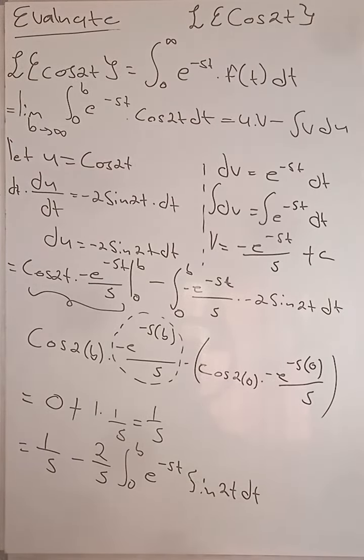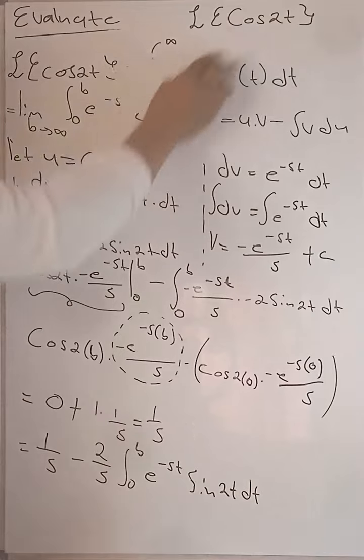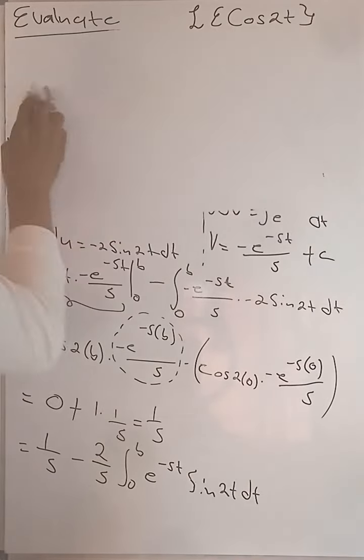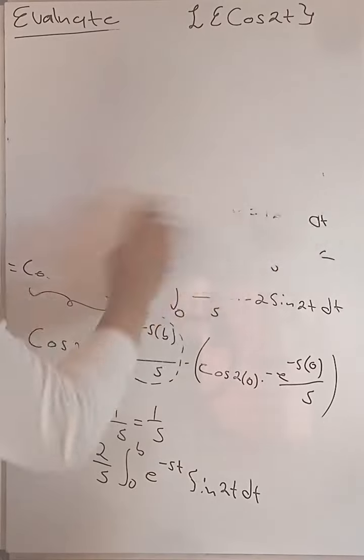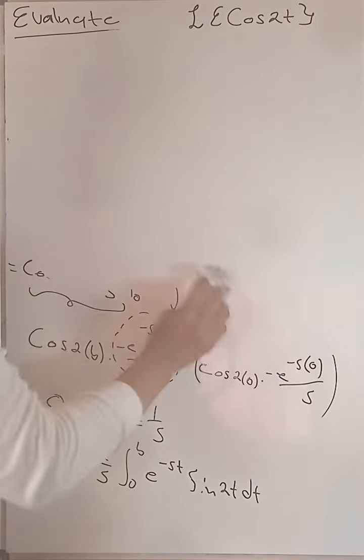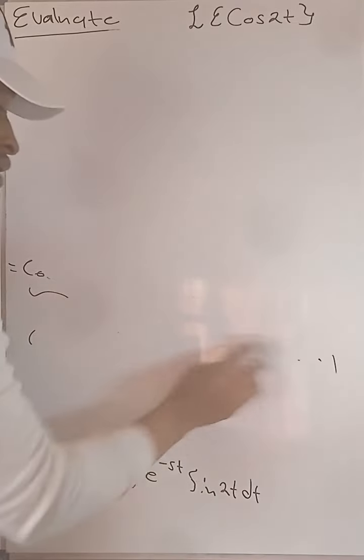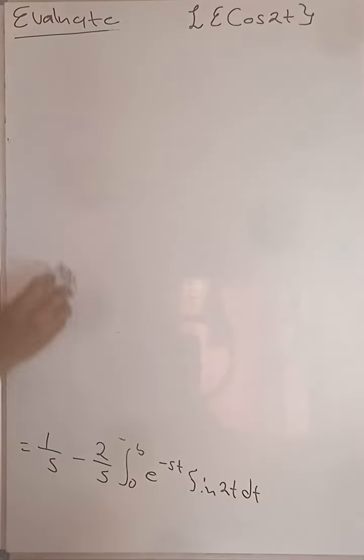But we don't want the Laplace transform of sine 2t. We want what? The Laplace transform of cos 2t. That's what we were asked to evaluate. So let me erase this part.